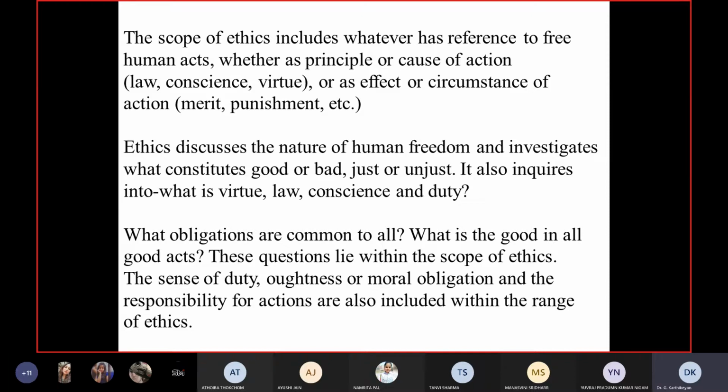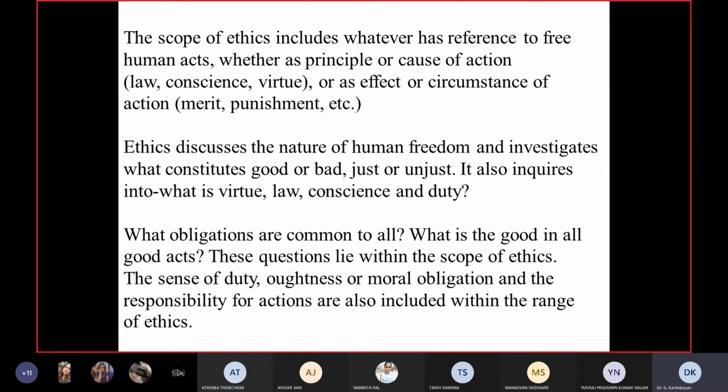The scope of ethics includes whatever has reference to free human acts, whether as a principle or a cause of action, or depending on the circumstances. Each of them has its own subclauses, which we will see as the course progresses. Ethics discusses the nature of human freedom and investigates what constitutes good or bad, just or unjust.